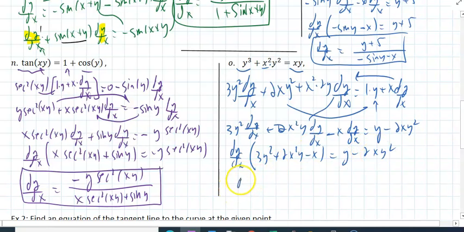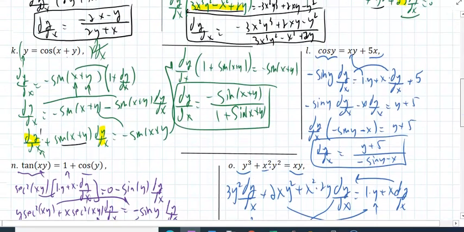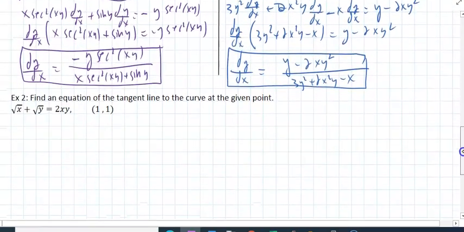Divide by that parentheses. And there it is. I should have done that. I should have just added extra space for part K. Oh well.